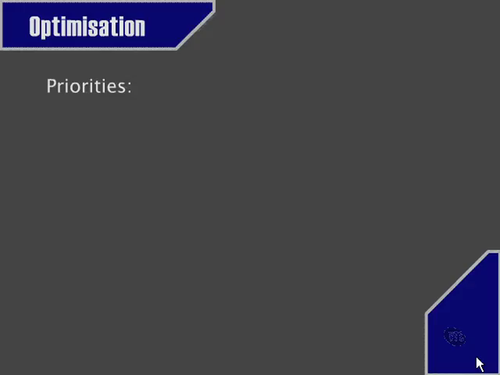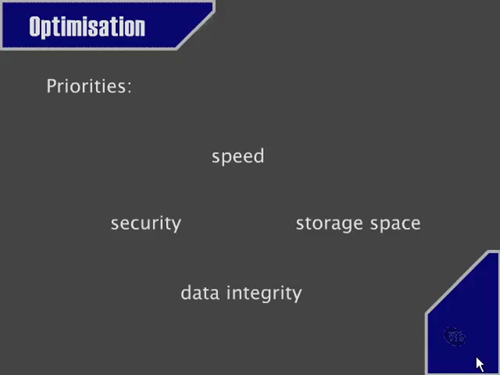For instance, we may have such competing objectives as speed, storage space, data integrity, and security. Which of these elements you give priority to depends on the particular application for which your database system is designed.